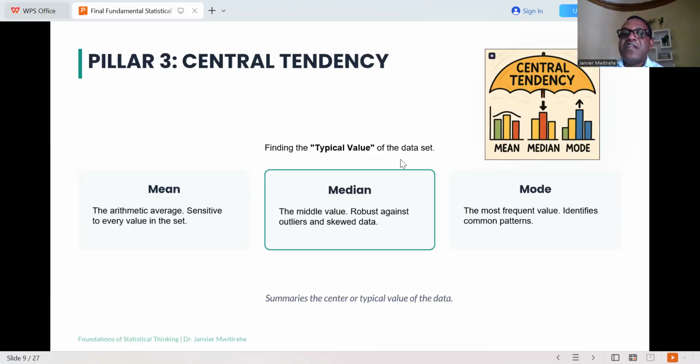So the median, it's a matter of finding out the middle value. You arrange the values of the data set and then you find the one that lies in the middle of every other value.